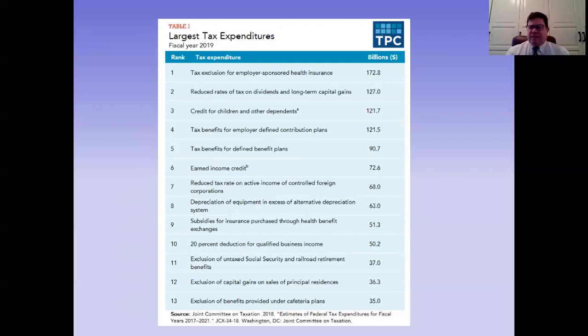One of the biggest things is, and this goes back to the 1940s during World War II, when we started our system of private health insurance, wages were frozen. And as a consequence of that, one way that companies gave more money to people was by providing them with health insurance.